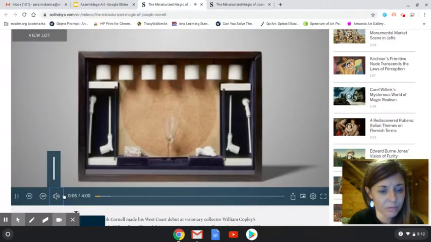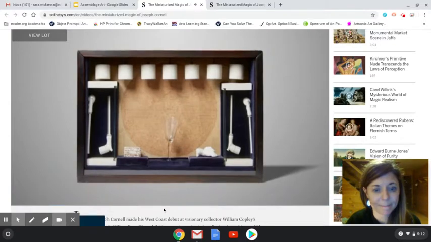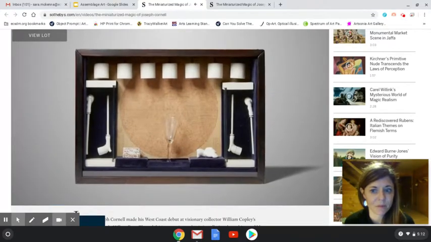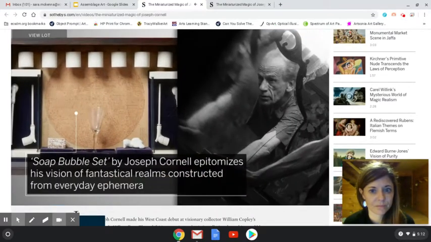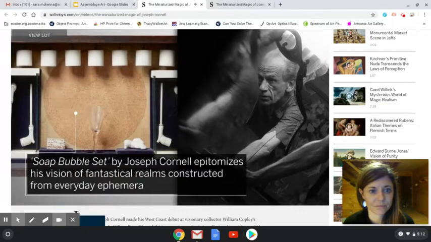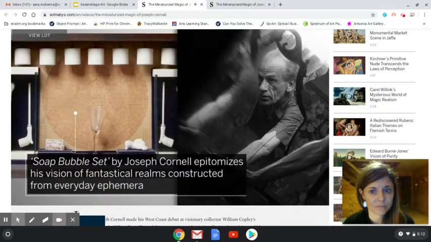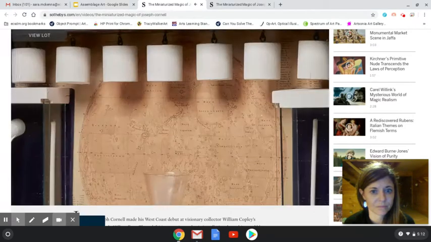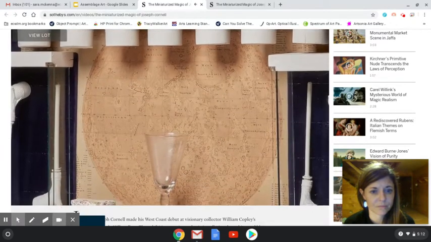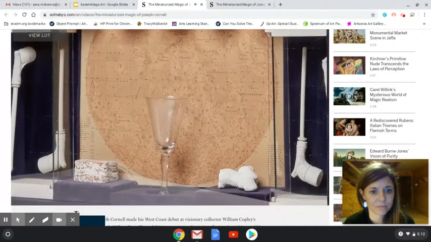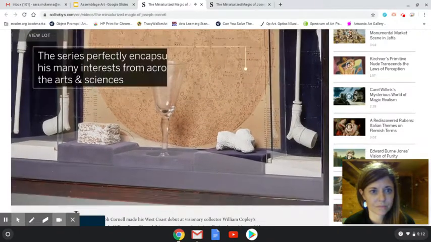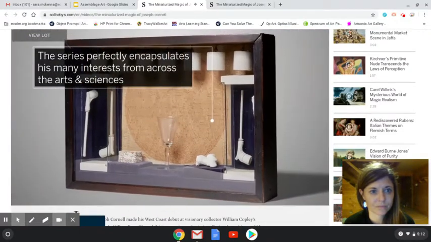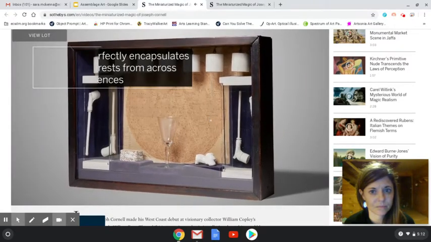With references to both history and personal memory, Soap Bubble Set by Joseph Cornell is a perfect example of the artist's miniaturized fantastical realms constructed from everyday ephemera. Cornell's series of soap bubble sets today are among his most famous series, perfectly encapsulating his many interests from across the arts and sciences.